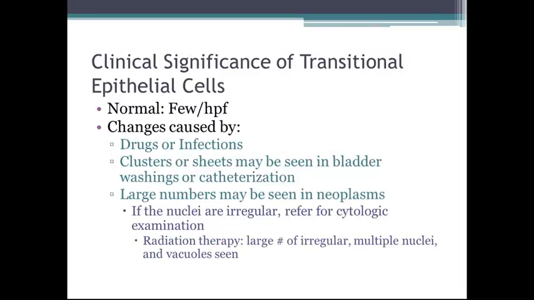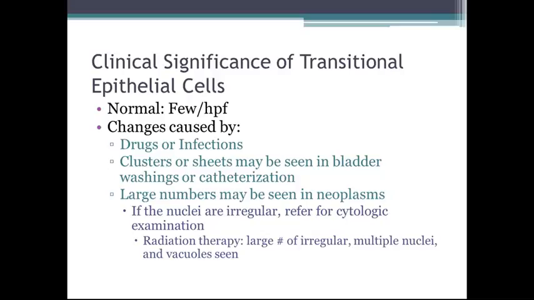Transitional epithelial cells are normal in a few on high power field. Reasons there might be more transitional epithelial cells are types of drugs the patient might be on, or an infection. Clusters or sheets may be seen in bladder washing or catheterization. Large numbers may be seen in neoplasms, so cancers.